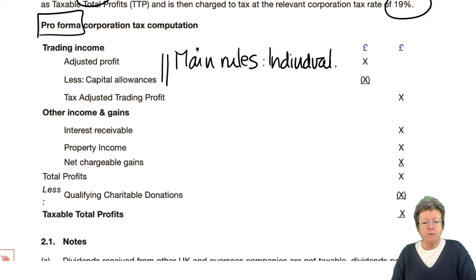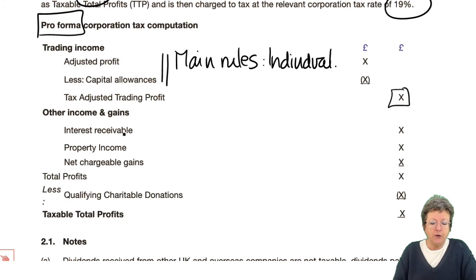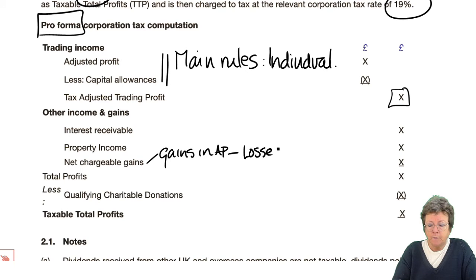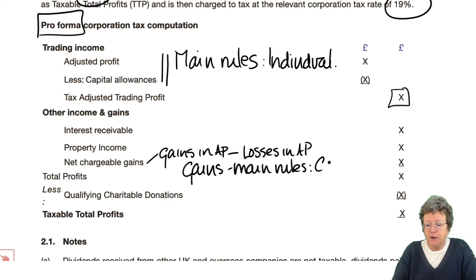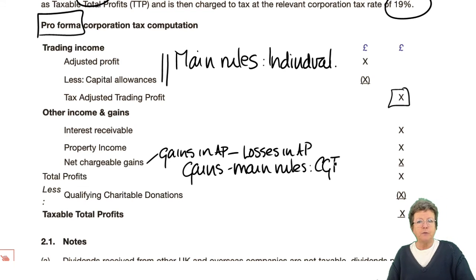Capital allowances come off the adjusted profit, and that goes in there. Now then we have other income and gains, interest receivable, property income and net chargeable gains. So that's the gains in the accounting period, minus any losses in the accounting period. And again, all the gains information, the main rules, you'll find in the CGT chapters.